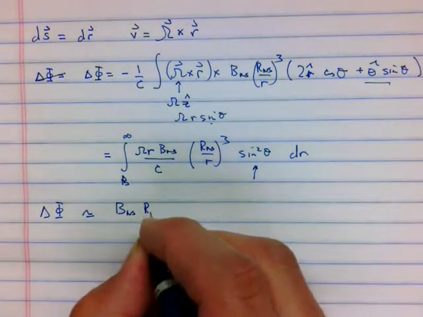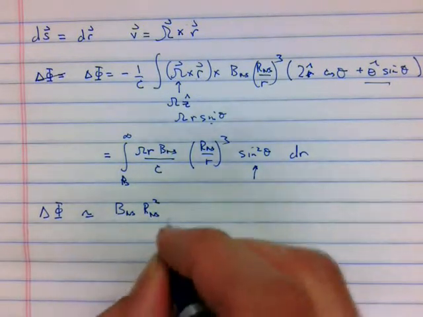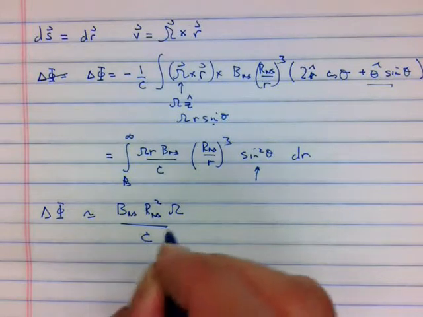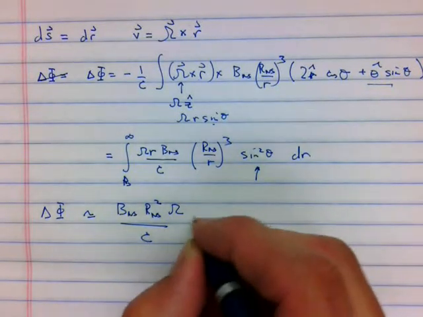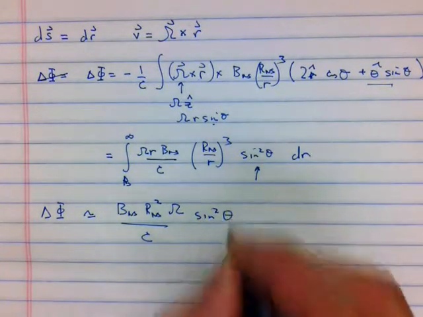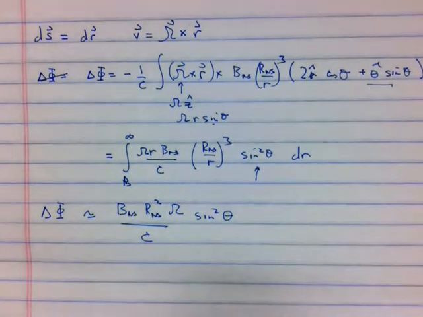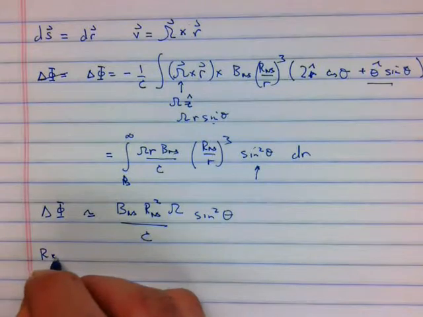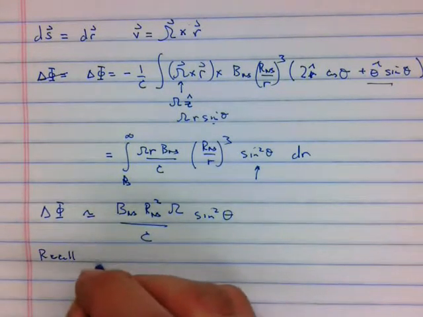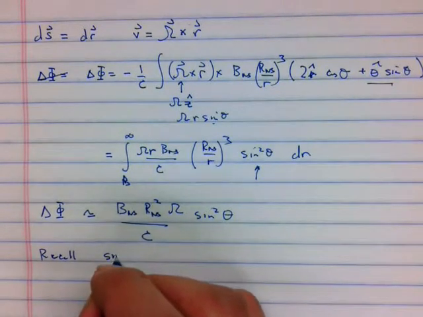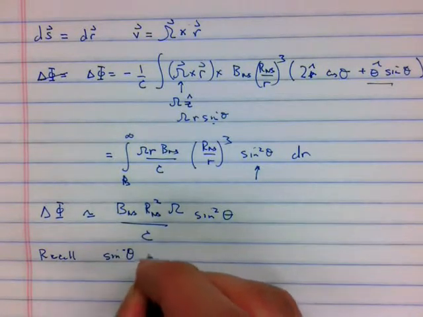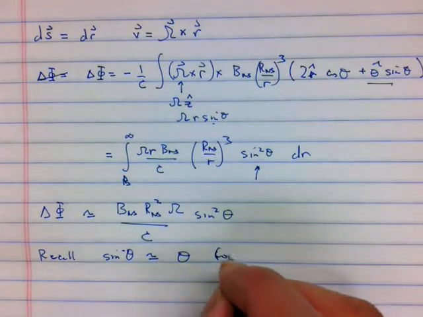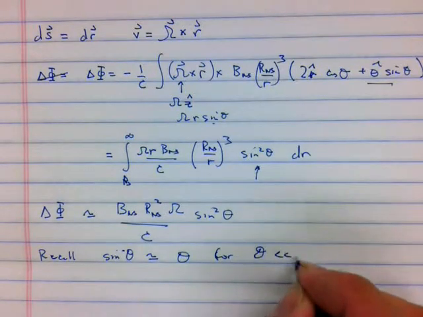and there's going to be R_NS squared, and there's going to be omega over c, and then the sine squared theta. Now recall that sine theta is approximately theta for theta much smaller than 1.